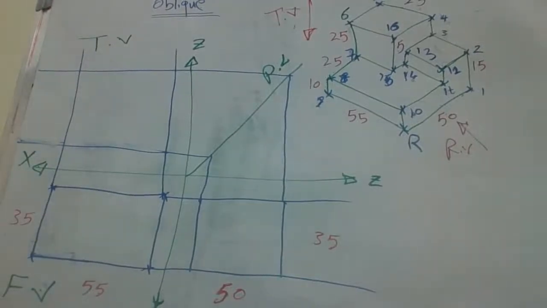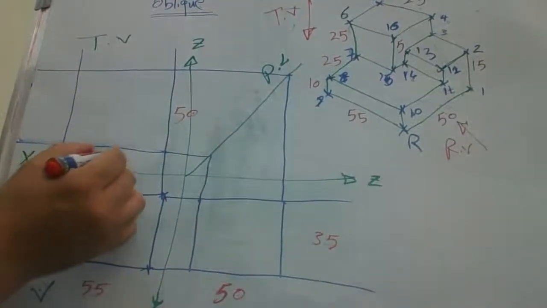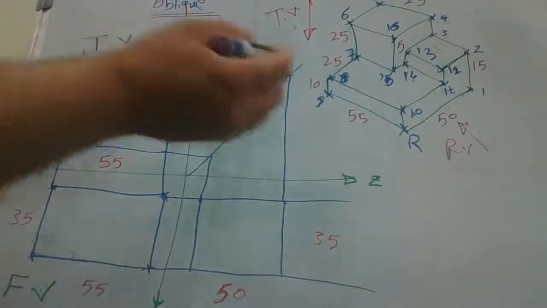Okay, now what we project here, we project 50 millimeter, and here 55 millimeter. This is the shared length between the right view and top view, and also from front view to the top view. Now we have to learn how to draw the projection of the shape.